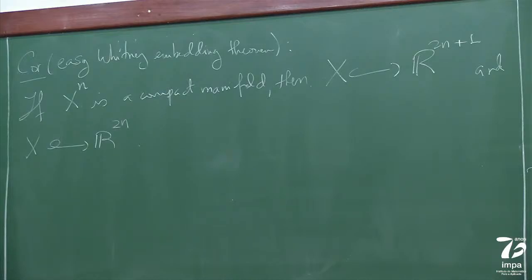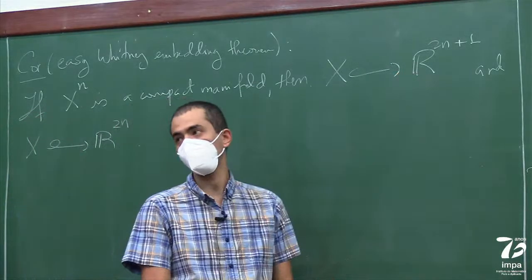Okay, so every compact manifold can be embedded into a finite dimensional space, but you can actually control the dimension. You can always embed it into R^(2n+1).